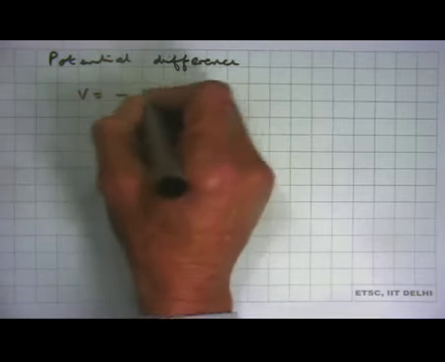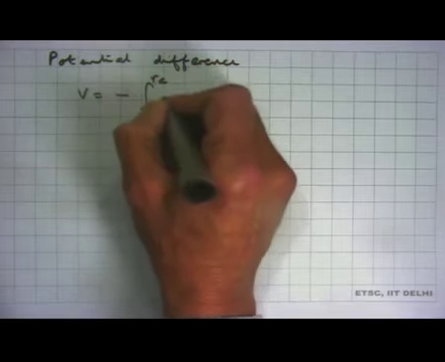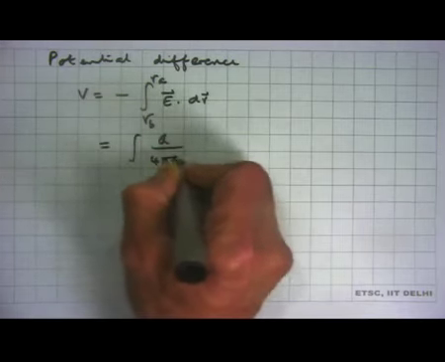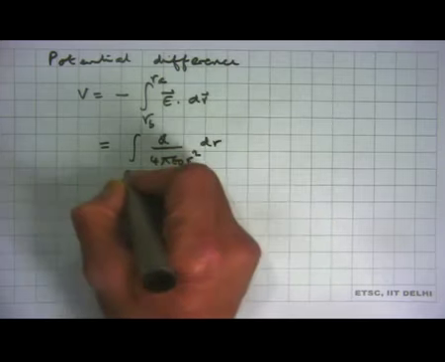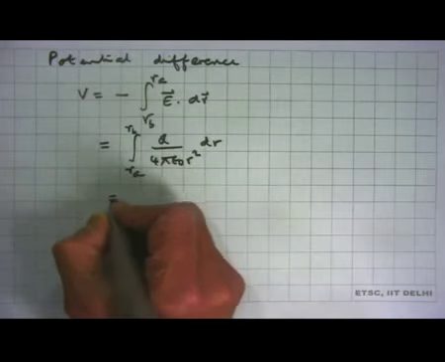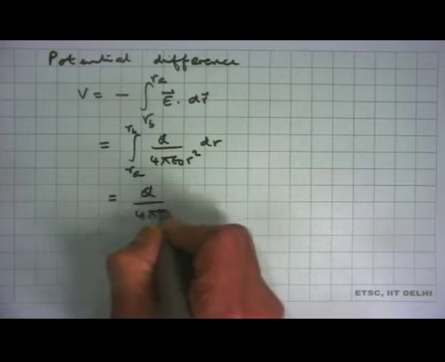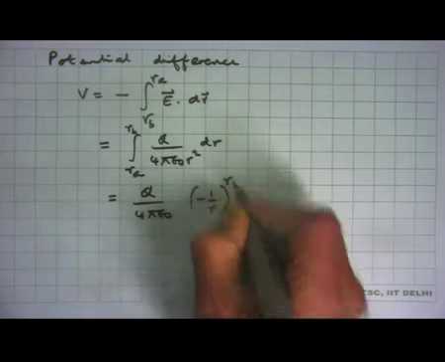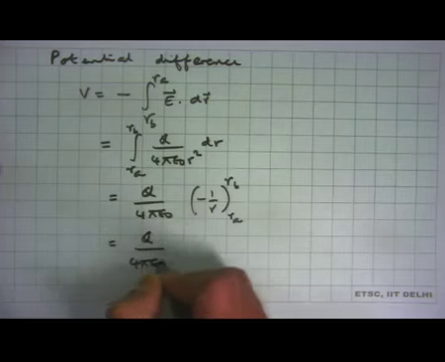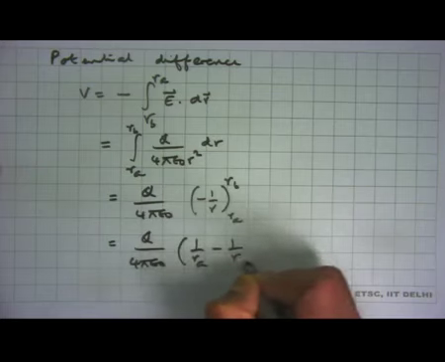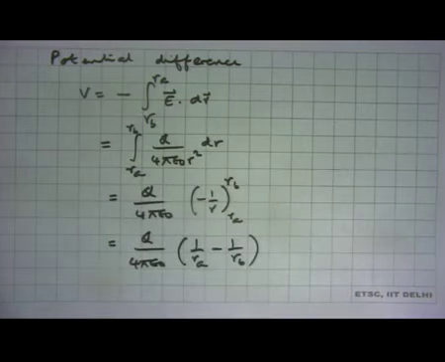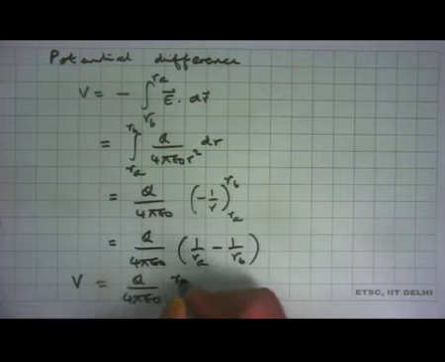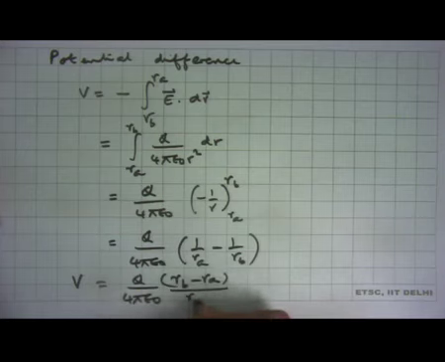So, V is equal to minus integral R B to R A E dot d r, which is equal to integral q by 4 pi epsilon 0 r square d r from R A to R B, which is equal to q by 4 pi epsilon 0 minus of 1 by r from R A to R B, which is equal to q by 4 pi epsilon 0 times 1 by R A minus 1 by R B. And I can write this as V is equal to q by 4 pi epsilon 0 times (R B minus R A) by R A R B.